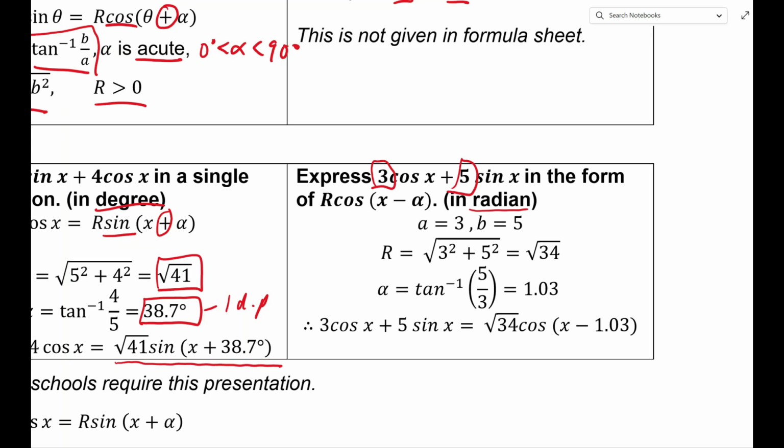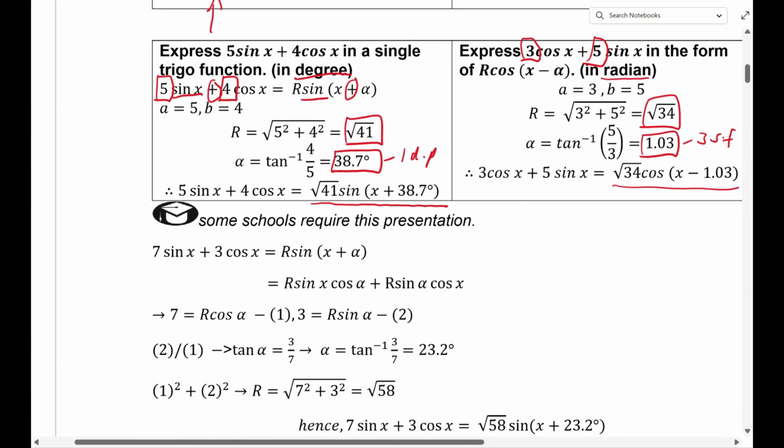Now we can just find our r value, which is the square root of 3 squared plus 5 squared, giving us square root 34, and our basic angle tangent inverse b over a, so 5 over 3 to get 1.03. And since this is in radian, we'll round it to 3 SF instead. Therefore, subbing in our values of r and basic angle into our formula, we'll get square root 34 cosine x minus 1.03 as our final answer.